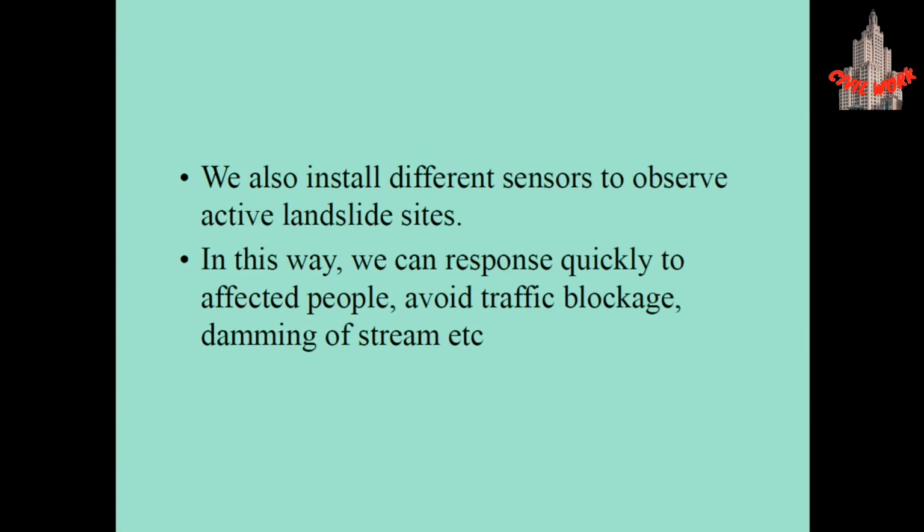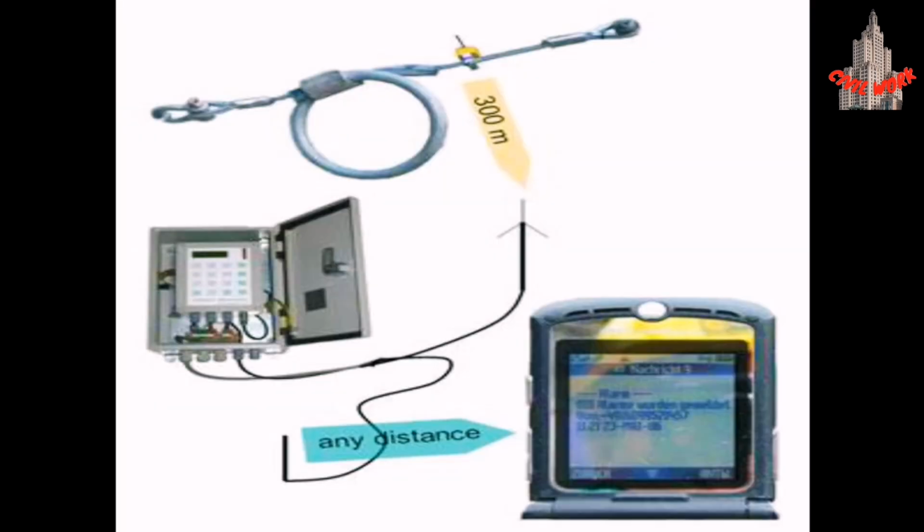We also install different sensors to observe active landslide sites. In this way, we can respond quickly to affected people, avoid traffic blockage, damming of streams, etc. Sensors play a crucial role in monitoring and observing landslides by providing real-time data on various factors that influence the slope stability.